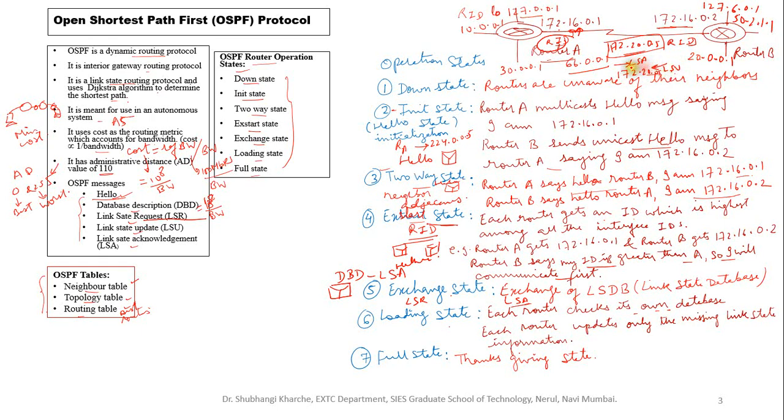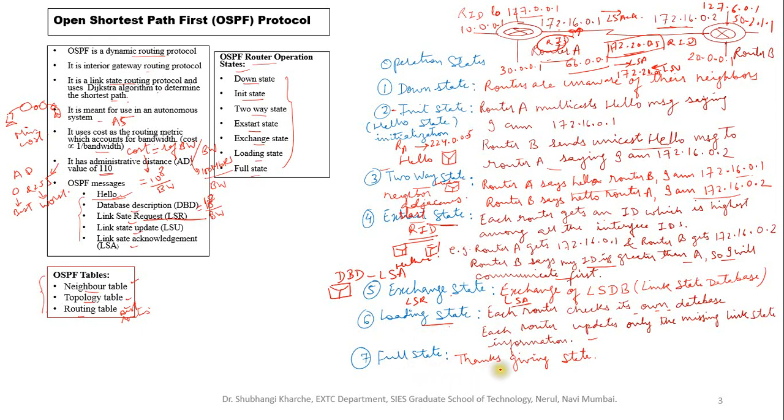Once this link state update is received, router A will acknowledge it by sending the link state acknowledgement message to router B. So this is done in the loading state. In loading state, the missing link state information is updated by each of the routers, and once this is done, the full state is used by the OSPF routers.